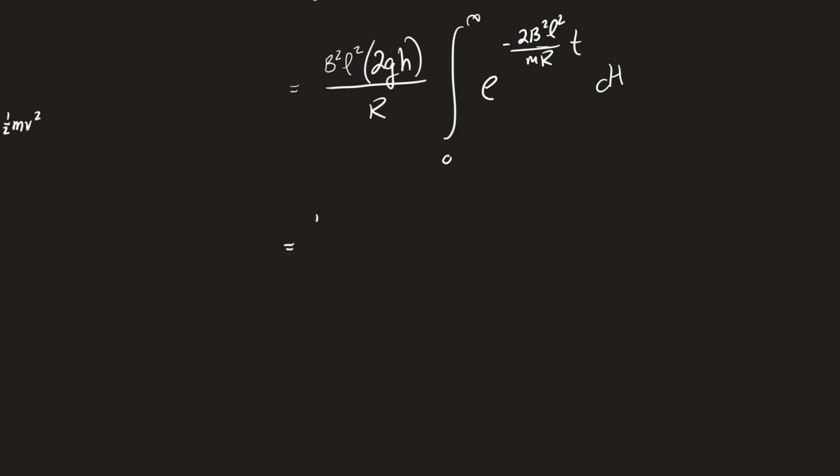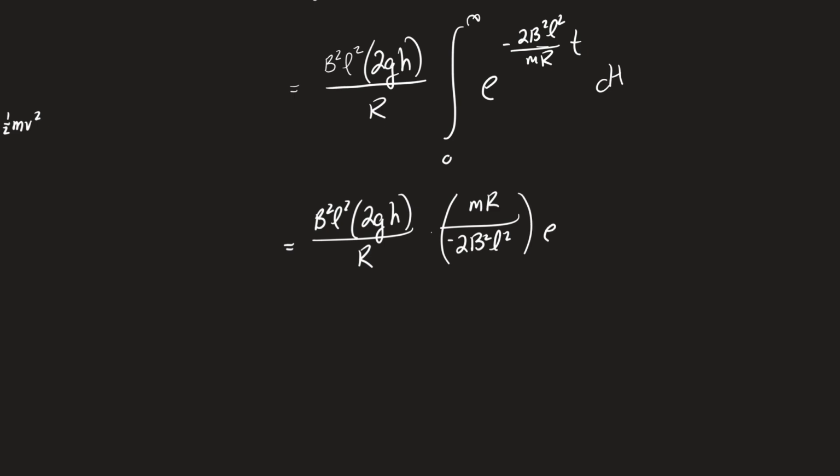So, B squared L squared times 2GH over R. This antiderivative will be M over R divided by 2 B squared L squared, it's a negative sign too, times e to the negative 2 B squared L squared T divided by MR evaluated 0 to infinity.